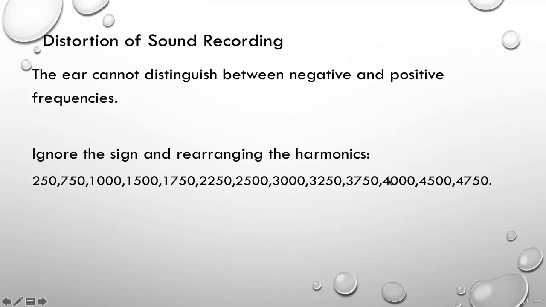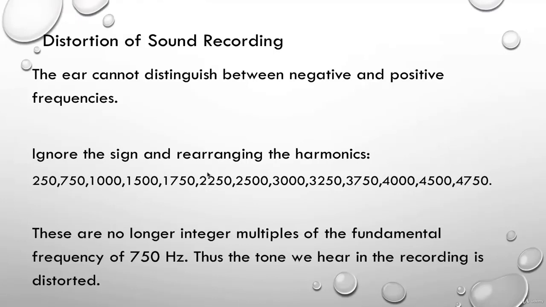For example, some of these signals are not from the original harmonics, and so now we have a distortion of the original signal, because some of these are no longer integer multiples of the fundamental. So that's the problem with aliasing. If we're not careful, we might distort the signal.